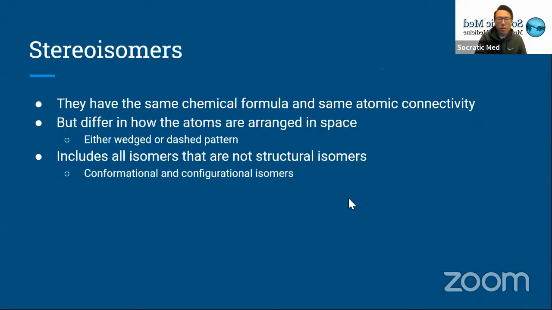Next, I'm going to go into stereoisomers. These are more similar than the structural isomers. They have the same chemical formula, but they also have the same atomic connectivity. So these will have the same bonds, but they differ in how the atoms connected to each other are arranged in space.